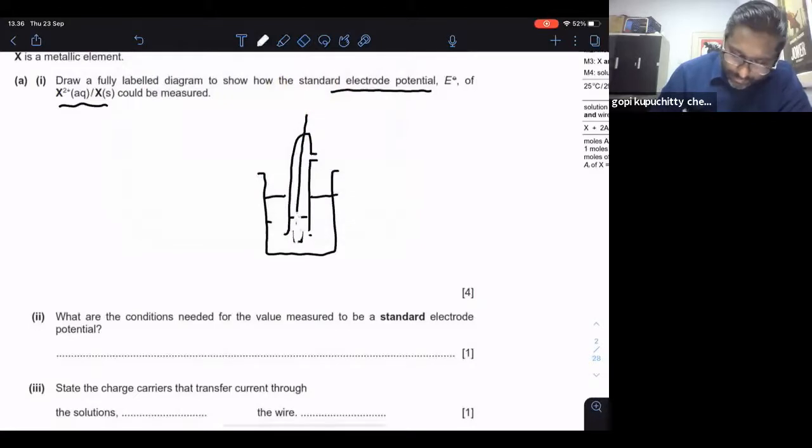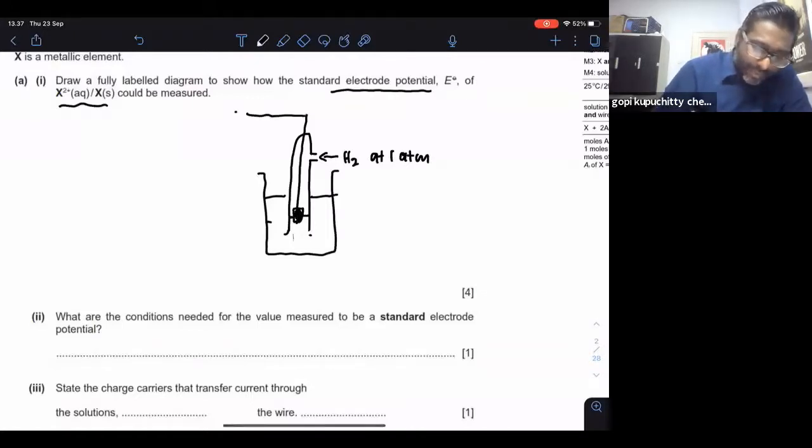Let me erase this part. So you draw maybe something like this. This one is up to here. This is platinum. You are going to supply the hydrogen at 1 atmospheric pressure over there. And then this wire is going to be connected to the voltmeter.